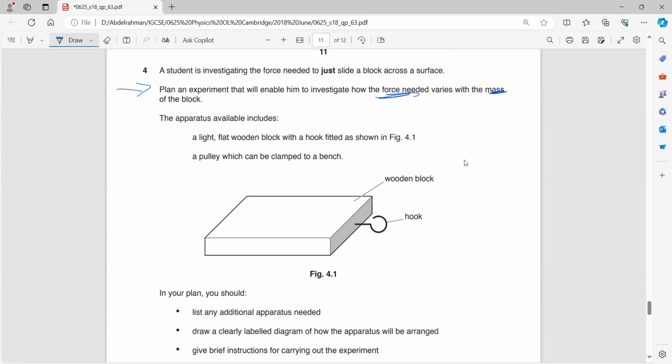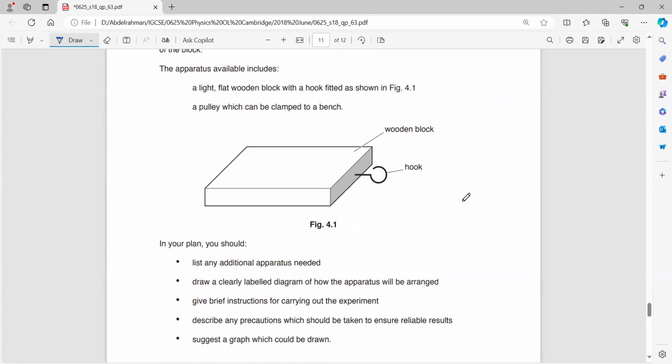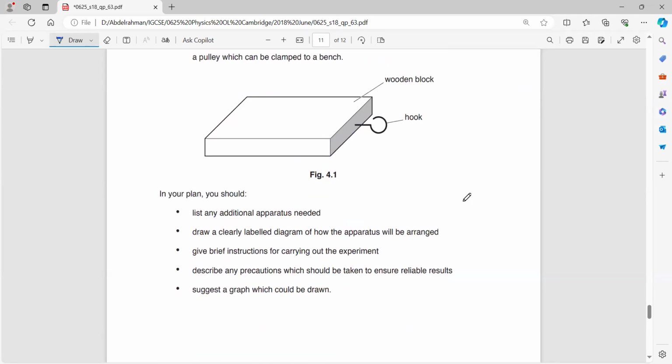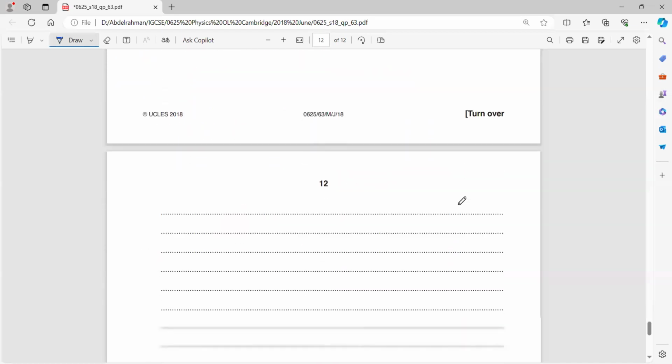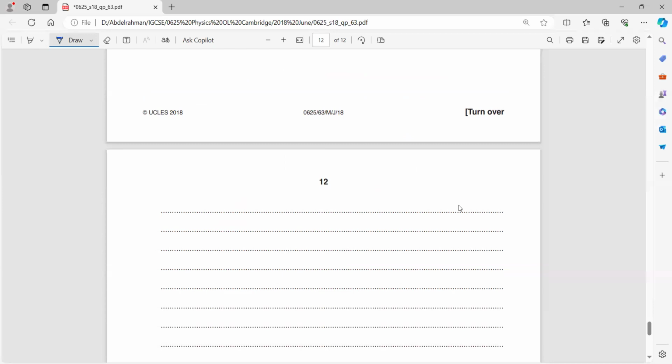What is the variable that I will be changing? Any ideas? What we will change. The mass. Yes, the mass of the block. So basically the variable that I will be changing, with a range of values, is the mass of the block.